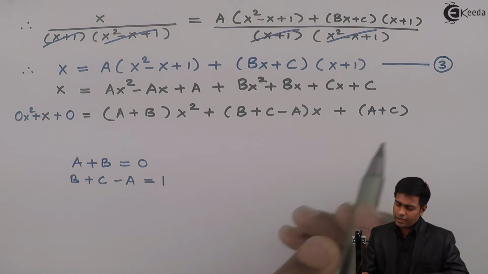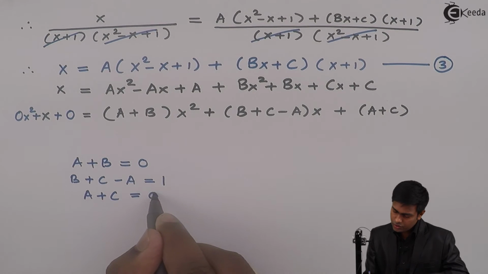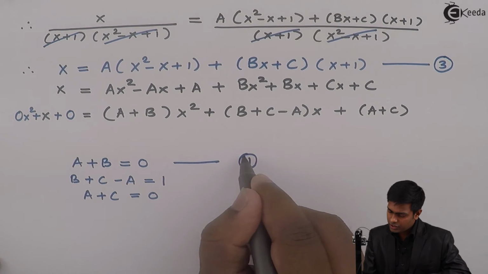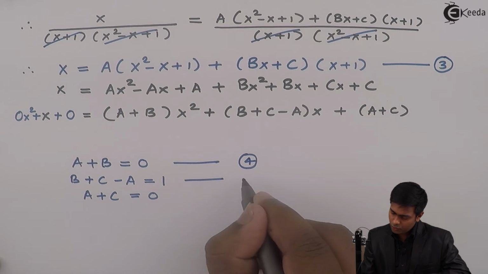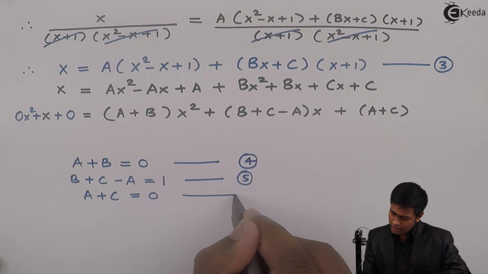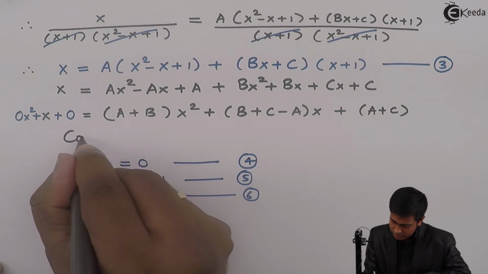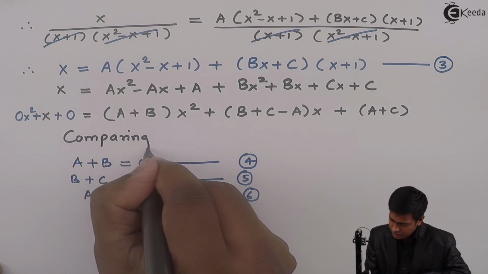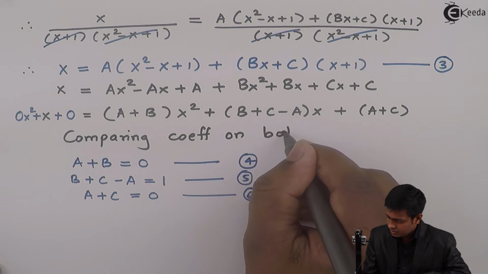So by comparing we will get a plus c equal to 0. So I'll say this as equation number 4, the next as 5, and this is equation number 6. So here we are comparing coefficients on both sides.